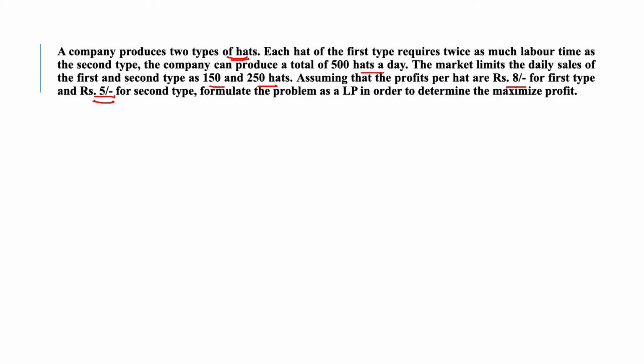So in order to formulate, we have to determine the maximum profit. Okay, so first we are going to develop our decision variable, objective function and constraint. So first is decision variable. Let's take the company.